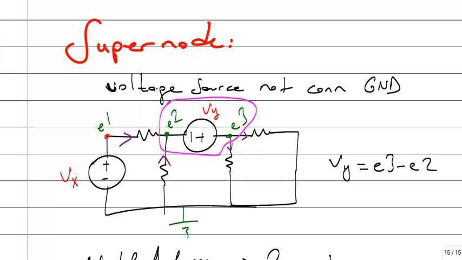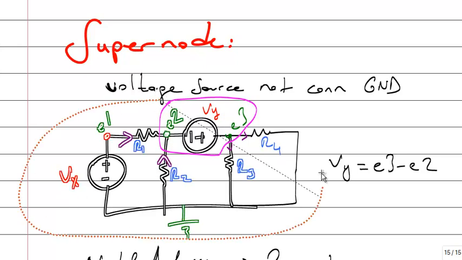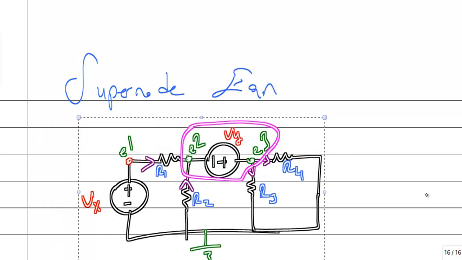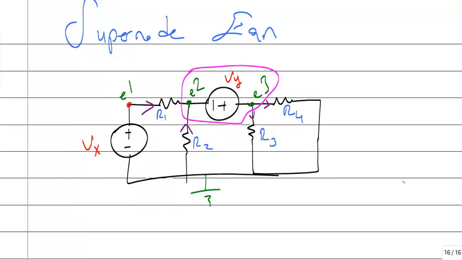Let's write R1, R2, R3, R4. Supernode equation. Okay, what is the current into the supernode on that resistor?